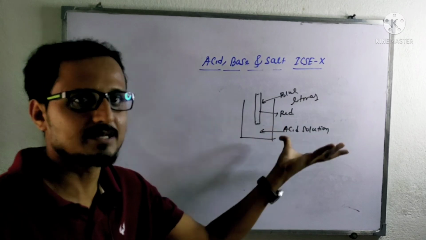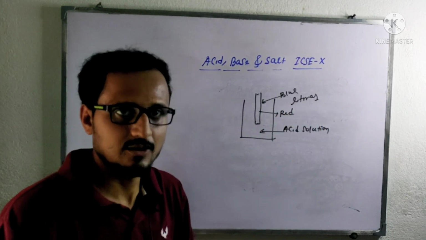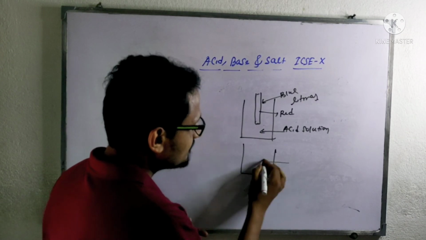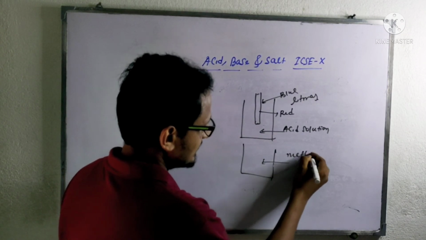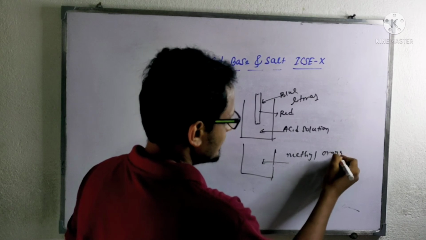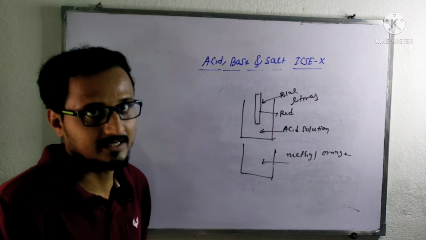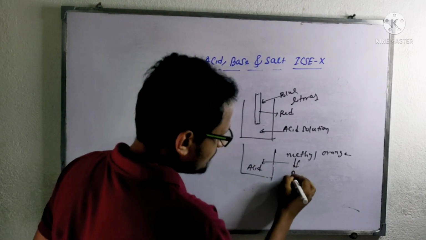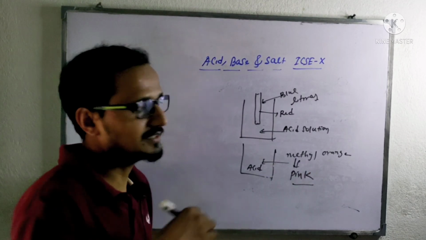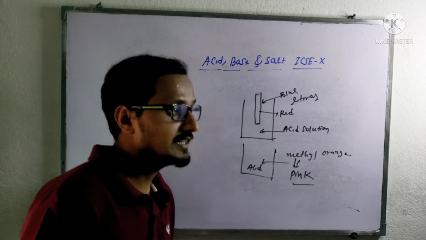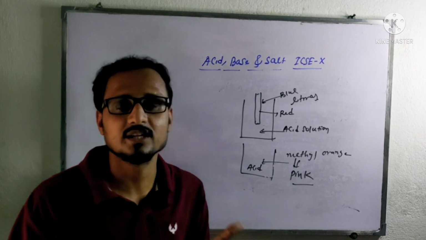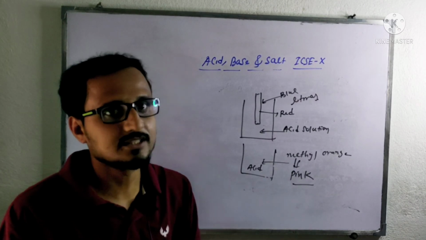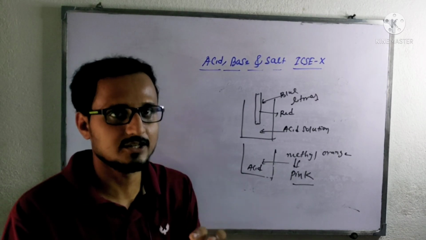Again, the color of the methyl orange indicator changes to pink if you add it in acid solution. Again, the color of the alkaline phenolphthalein solution changes to colorless. So likewise the acid shows its property with indicators.